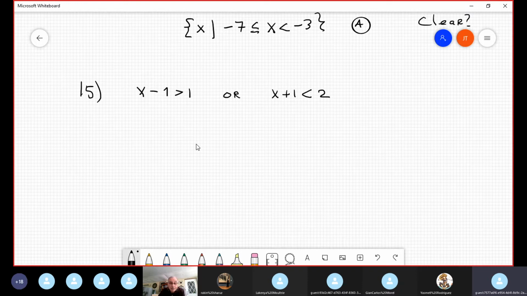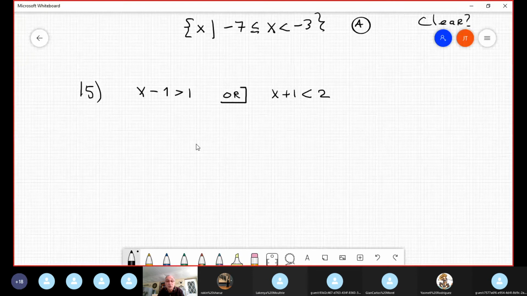In this case, this compound inequality is given separately in two pieces. My recommendation, I repeat one more time: when the three parts are not separate, manipulate them together. When it's separate, you compute separately, ignoring the conjunction. You manipulate this inequality.